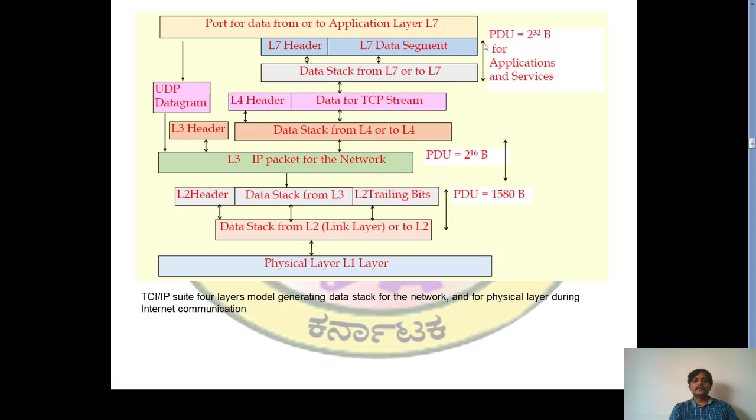Here at the application layer, PDU is equal to 2 power 32 bytes for applications and services, and for L3 it is 2 power 16 bytes, and for L2 and L3, it is 1580 bytes.